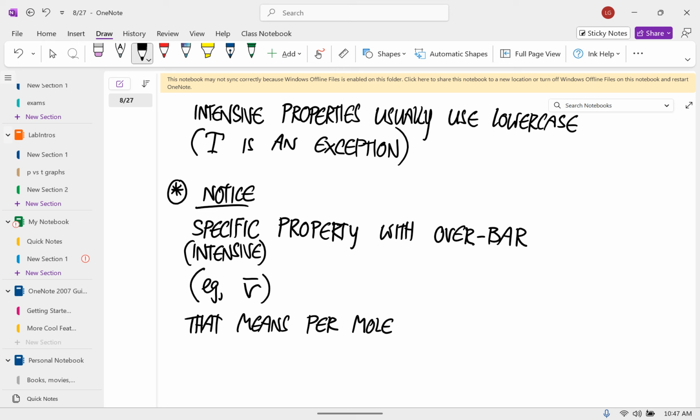Anybody have any questions about that? Yes. For temperature, can you represent that also as some property per some property, like how density is mass over volume? Let's see. You can do it somehow in terms of an average kinetic energy per mass or something like that.